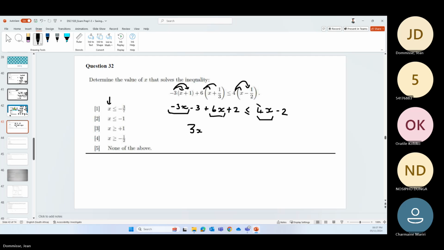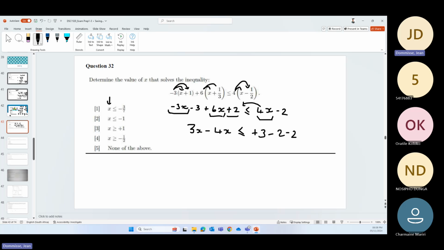Then the plus 4x comes to the left-hand side, so it becomes minus 4x. We still have a smaller than. Then we take all the numbers on the left-hand side to the right-hand side, so minus 3 goes over, it becomes plus 3. Plus 2 goes over, becomes minus 2. And minus 2 stays on the right-hand side as minus 2.